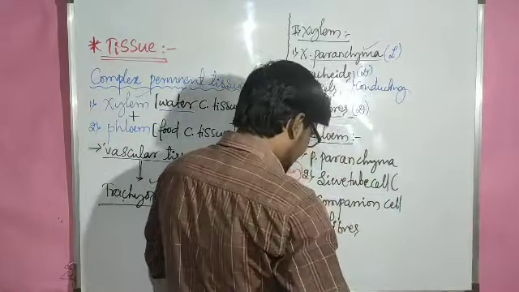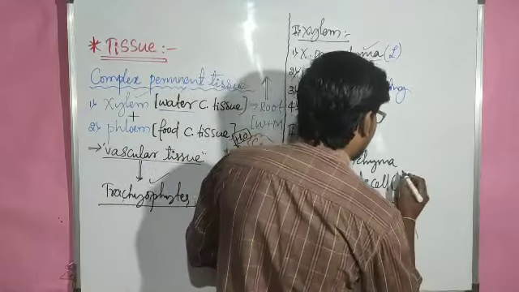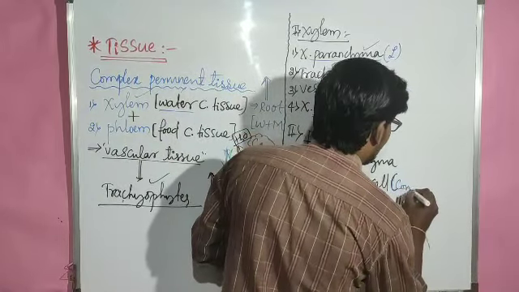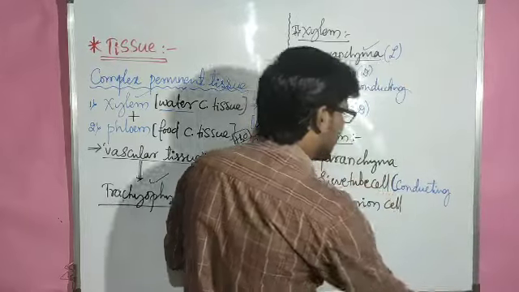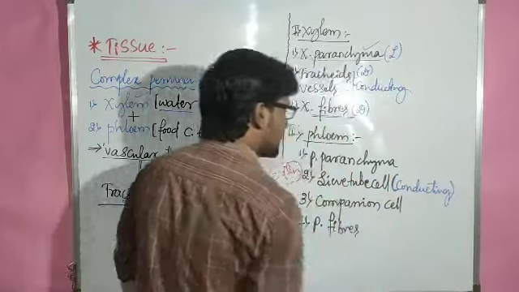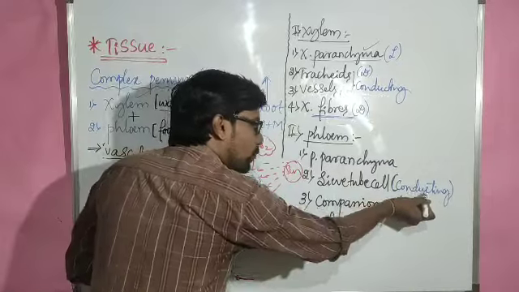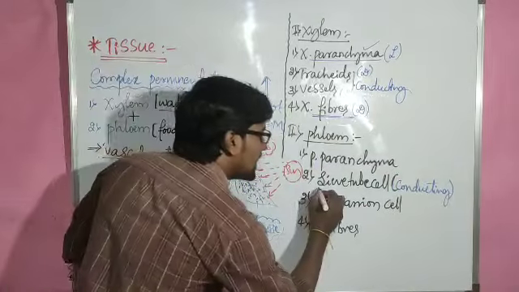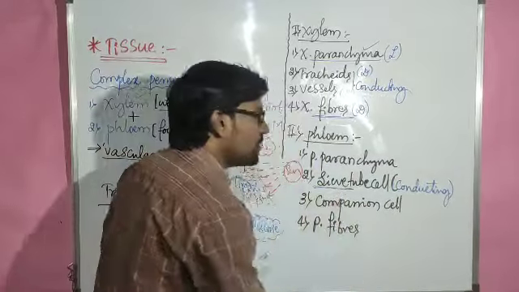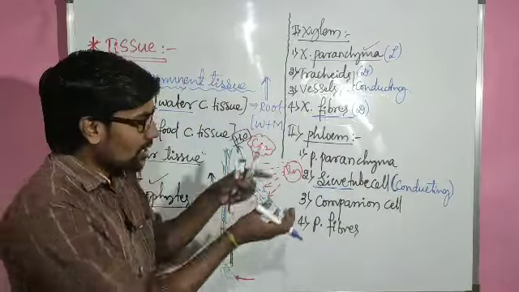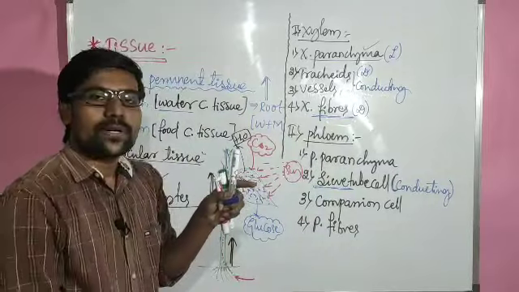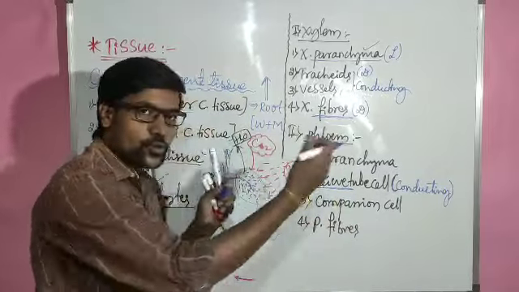So this is the food conducting cell. Actually it is conducting the food, not the other cells. Sieve means porous structure. In Kannada we call it saanige. Just as a sieve has holes, that cell has holes. But the cell is present in a tube form, the sieve tube cell.